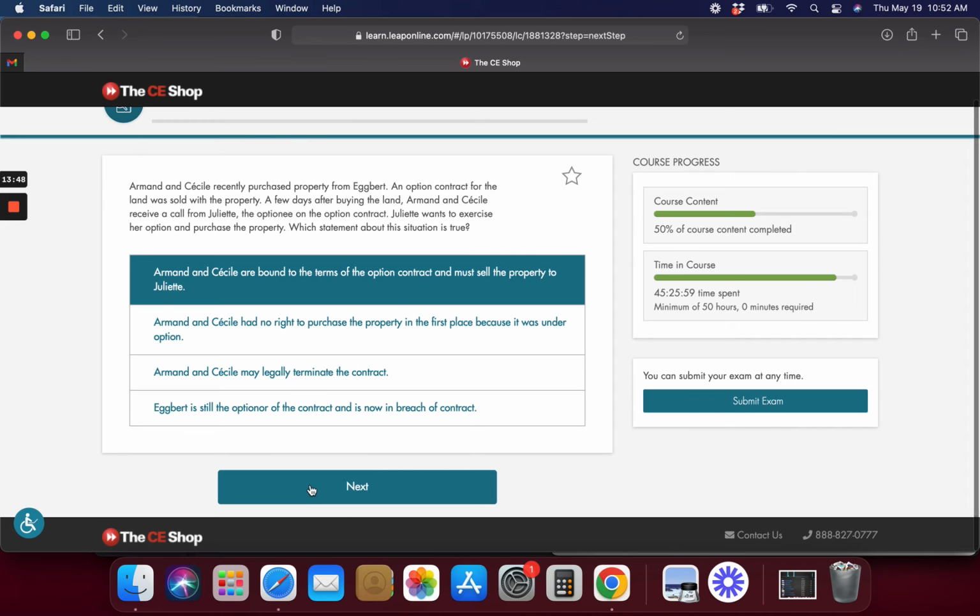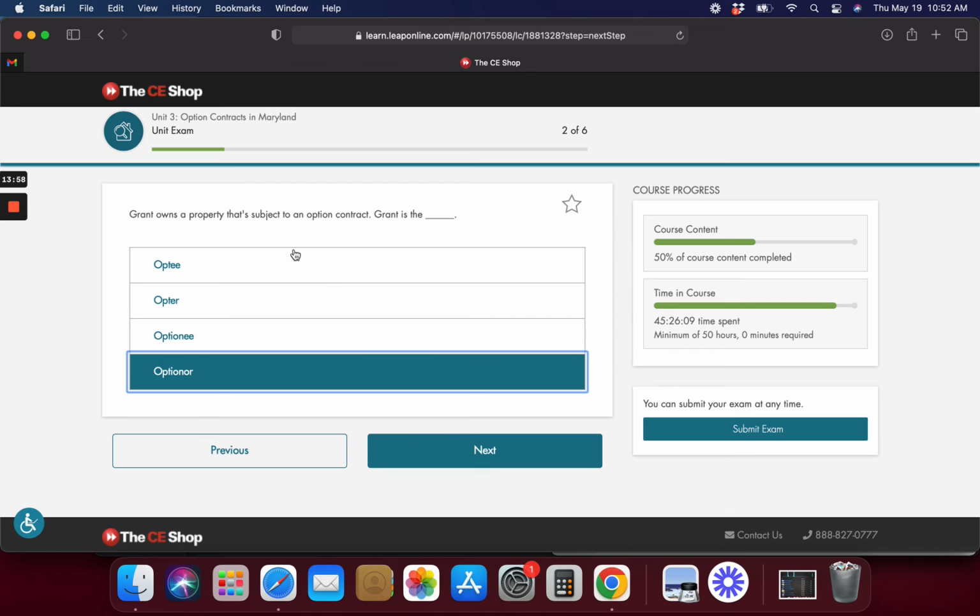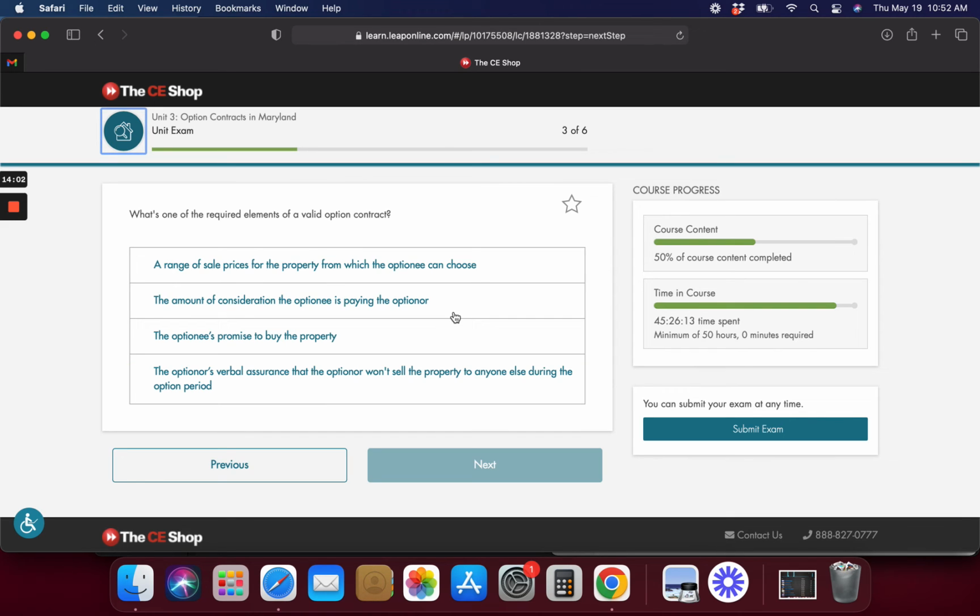All right, I'm guessing. Grant owns a property that is subject to an option contract. Grant is the, oh God, optionor. Look at this, optee, opter. Oh my goodness. All right, which one of these is a required element of a valid option contract?